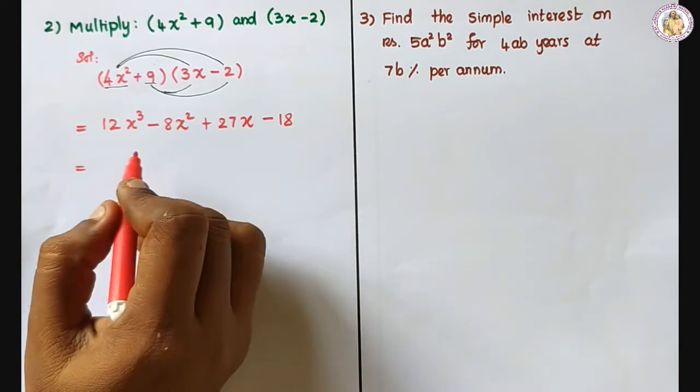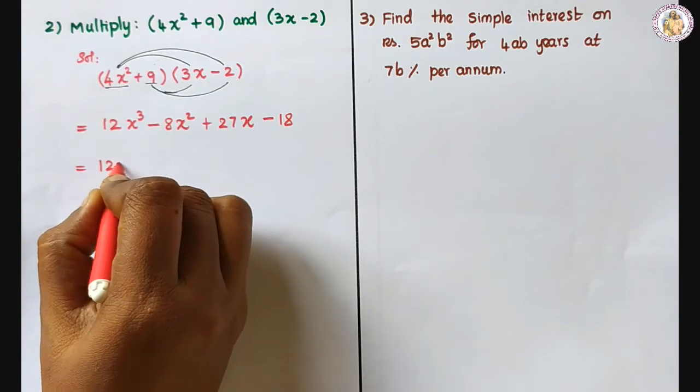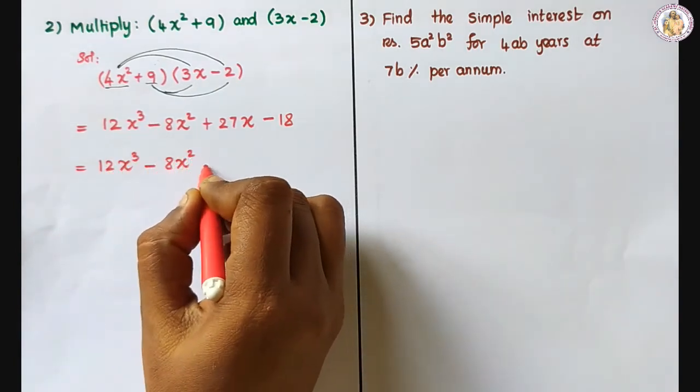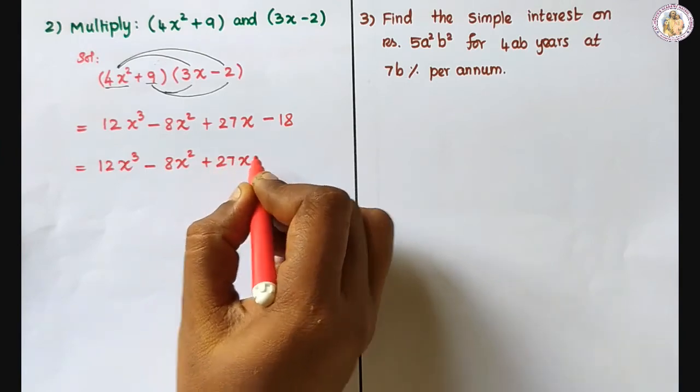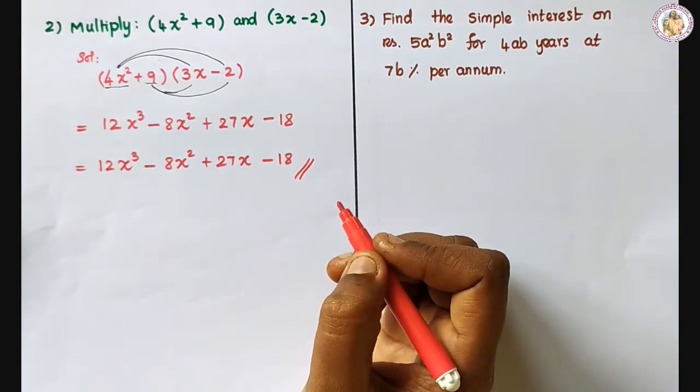There is no like terms here, so write down as it is, 12x cube minus 8x squared plus 27x minus 18 is the answer.